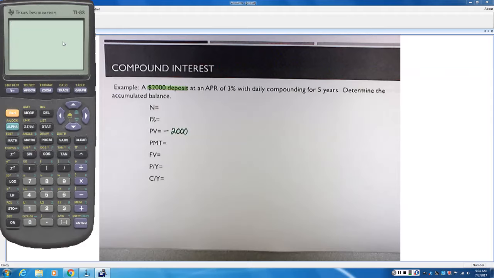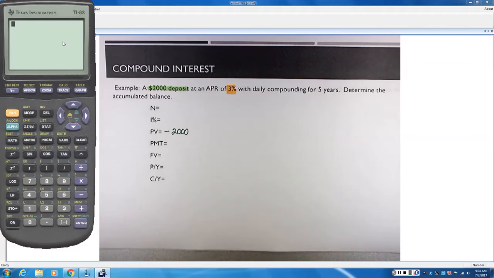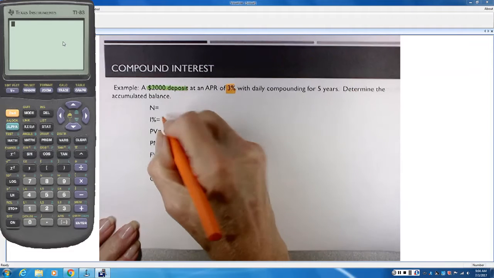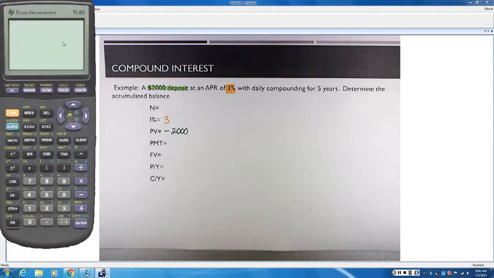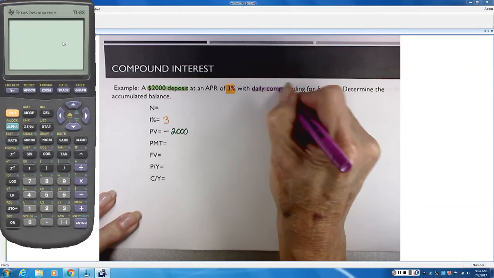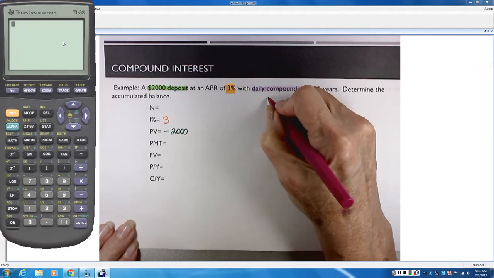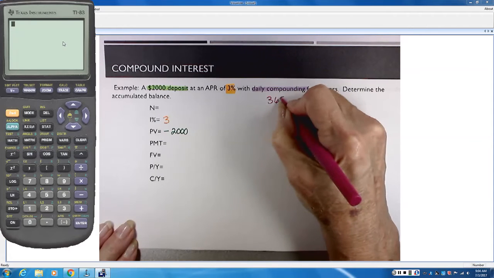Then our interest rate is 3%, and we enter that as a percent. And then it says daily compounding. Daily compounding means every day, and there are 365 days in a year.